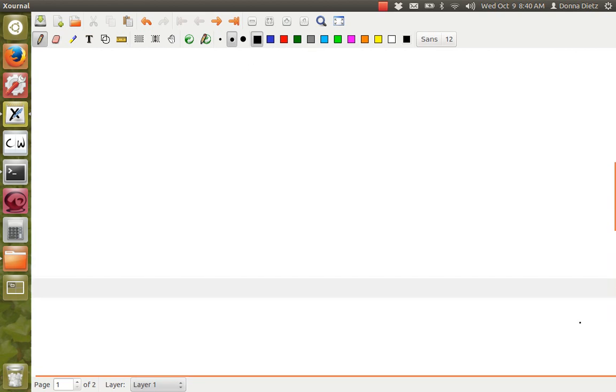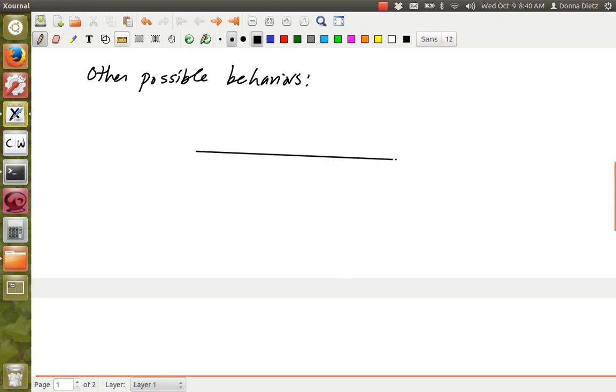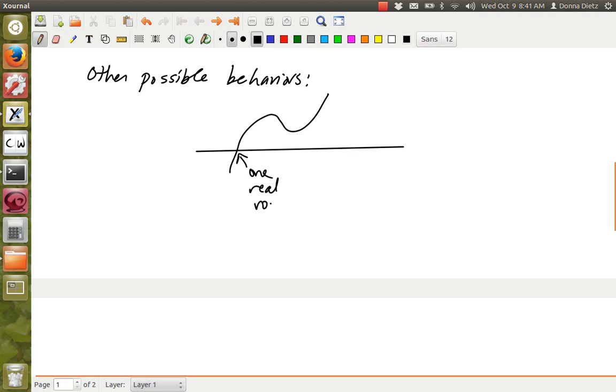Now, if your polynomial has repeated roots, let's still keep looking at other possible behaviors. If you have a cubic, for example, you can have this kind of behavior. You could have one real root. Again, this is a cubic.